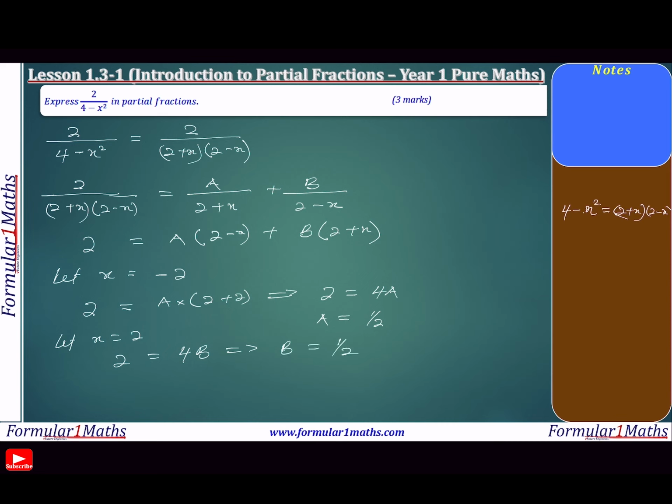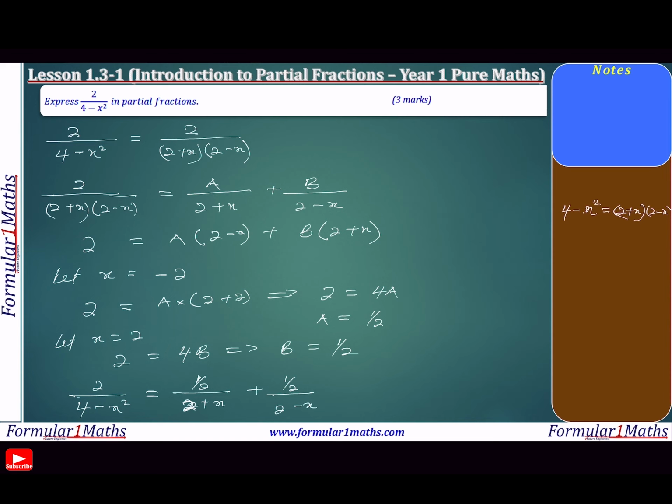So 2 over 4 minus x squared will be equal to a half over 2 plus x plus a half over 2 minus x.